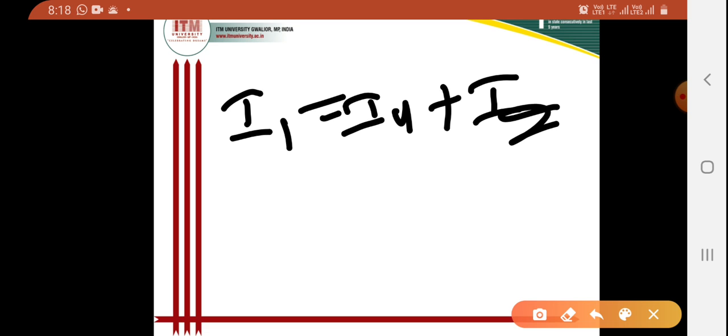I am writing the equation in another slide, because from the circuit diagram only you can understand why I am writing I1 is I4 plus our I2.